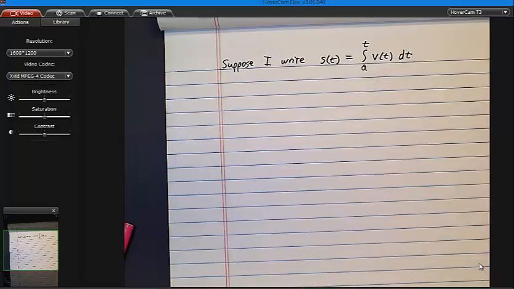Is that true? False? Does it make any sense? What does it mean? S stands for what? No, not position. We've been using R for position.